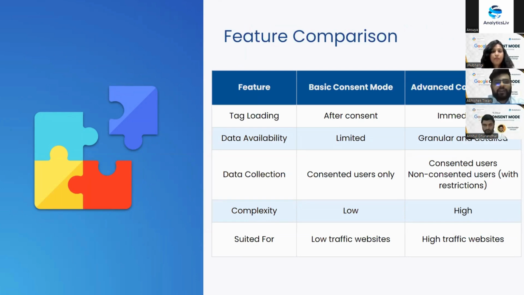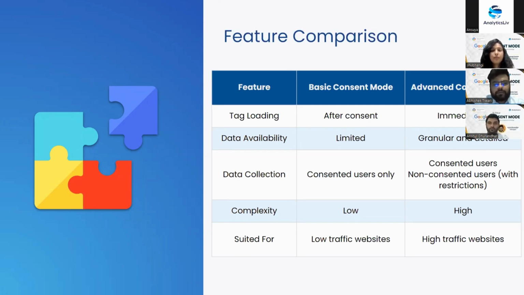Basic mode provides very limited data, whereas advanced mode offers more data. Then basic mode is quite easy to implement in comparison with the advanced mode. Then, as mentioned earlier, basic mode is for those who don't require that much data. But advanced mode is for someone who is really inclined towards their data and needs sophisticated tracking, I would say.